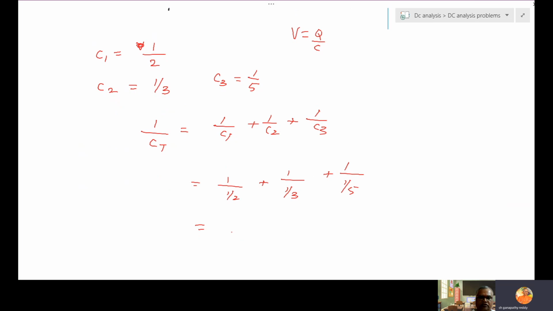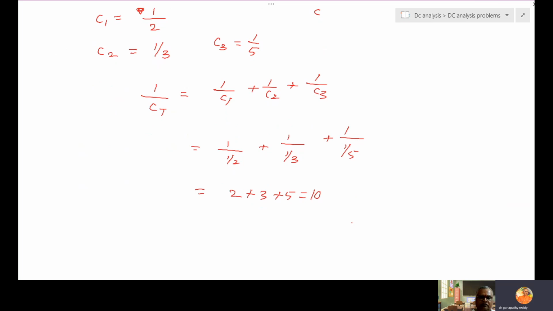So this is nothing but 2 plus 3 plus 5, which is 10. So what is C equivalent now? 1 by 10, which is 0.1 farads. That is the answer.